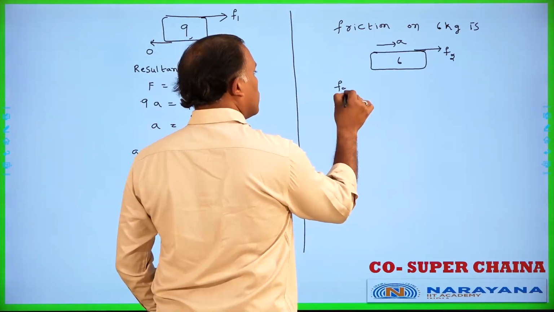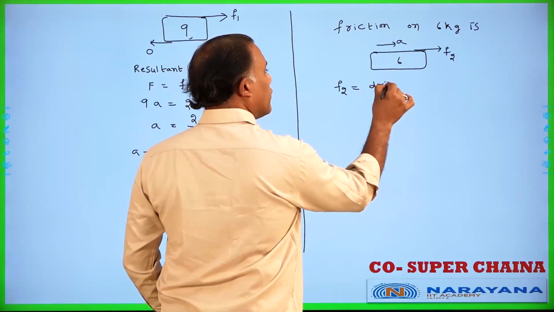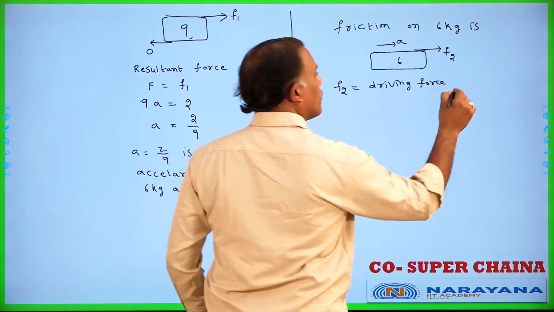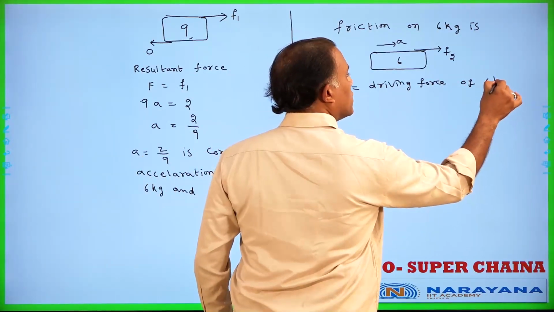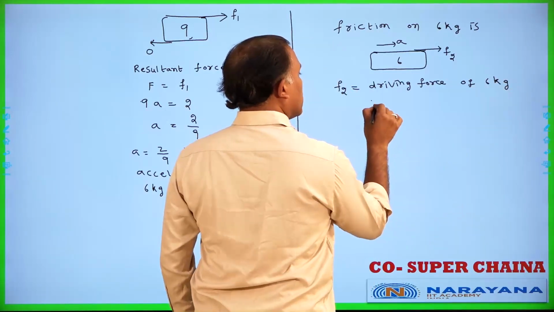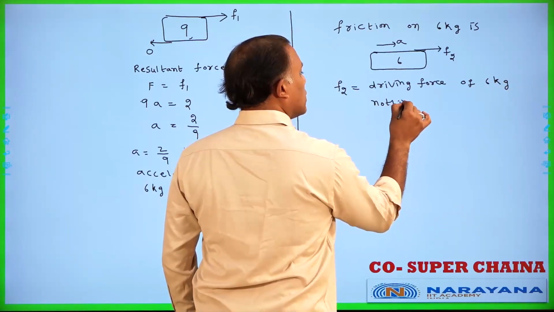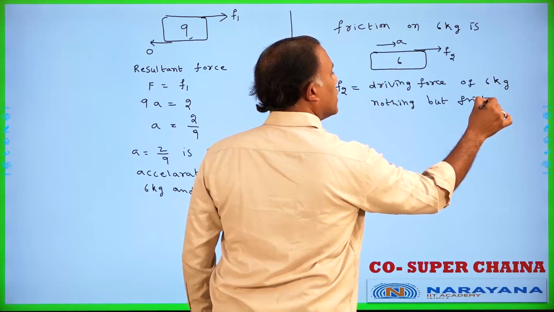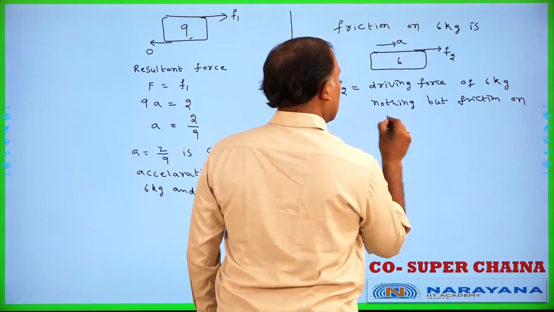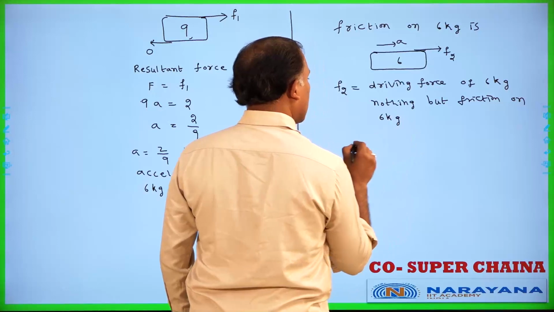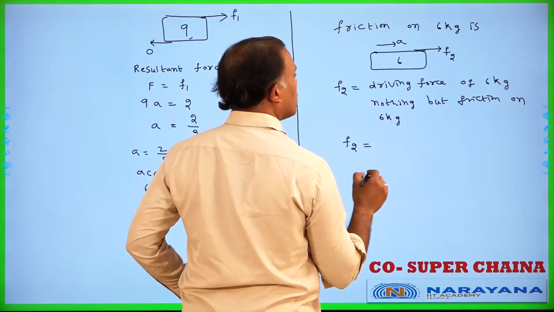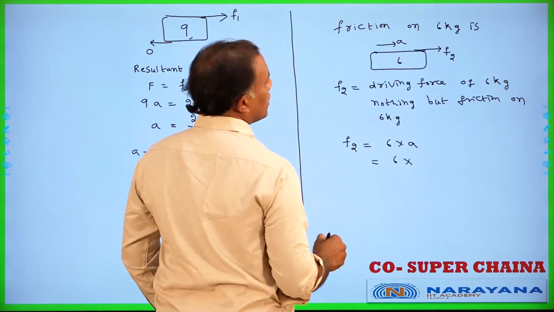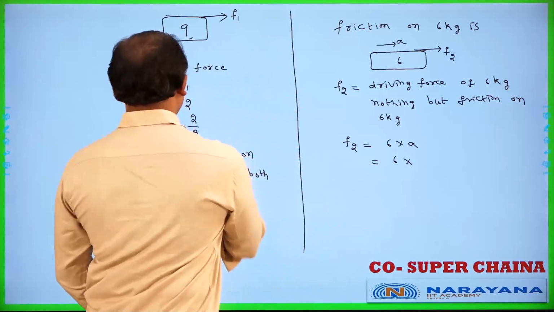So F2 is equal to 6 into acceleration. What is the acceleration you got? 2 by 9 we got.